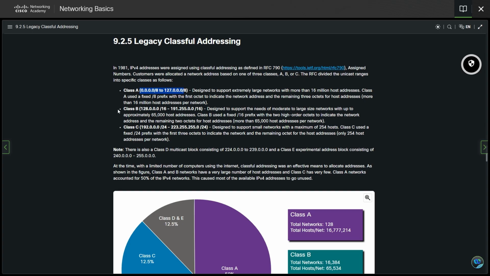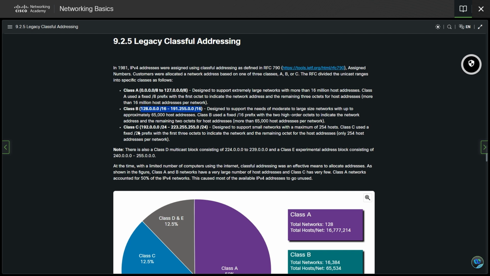The next class is Class B, designed to support the needs of moderate to large size networks with up to approximately 65,000 host addresses. Class B uses a fixed /16 prefix, with the two high-order octets indicating the network address and the remaining two octets for host addresses. More than 65,000 host addresses per network.